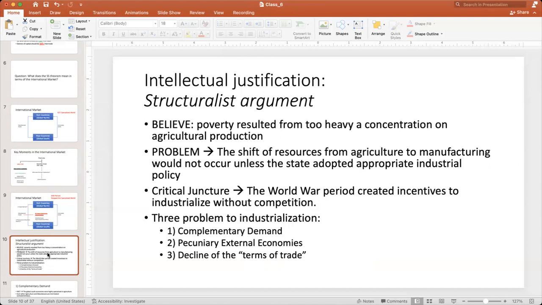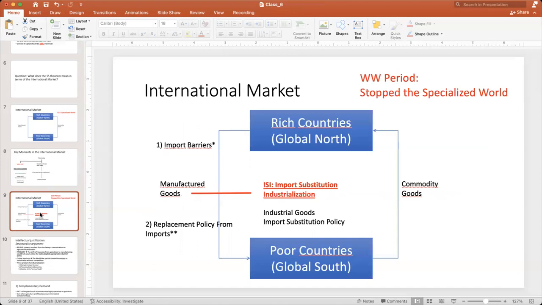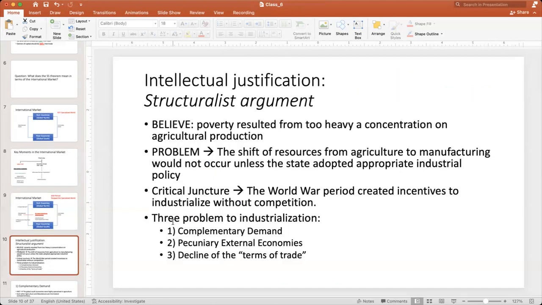So this is a belief. According to structuralism, poor countries are poor because they are very specialized in agricultural products, but the rich countries are rich because they could produce manufacturing goods. So in order to level up the conditions between these global South and global North countries, the global South should produce manufacturing goods.